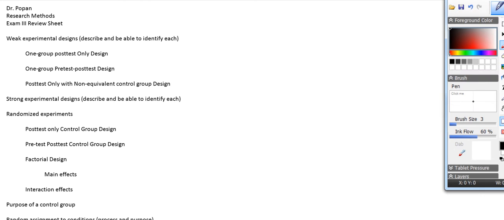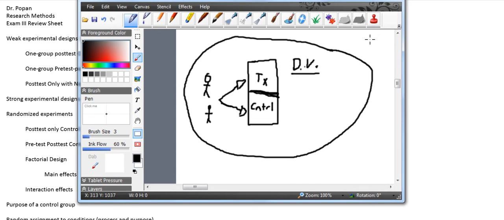An additional design element which would make an experiment a bit stronger is a pre-test, post-test control group design. So a pre-test, post-test control group design is similar to the design we just discussed, except for now it has a pre-test. So the great advantage of a pretest, there's two major advantages of a pretest. One is it allows you to assess change.